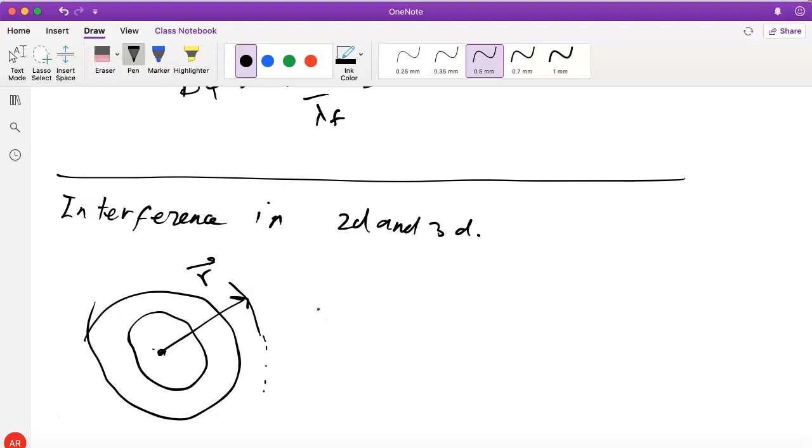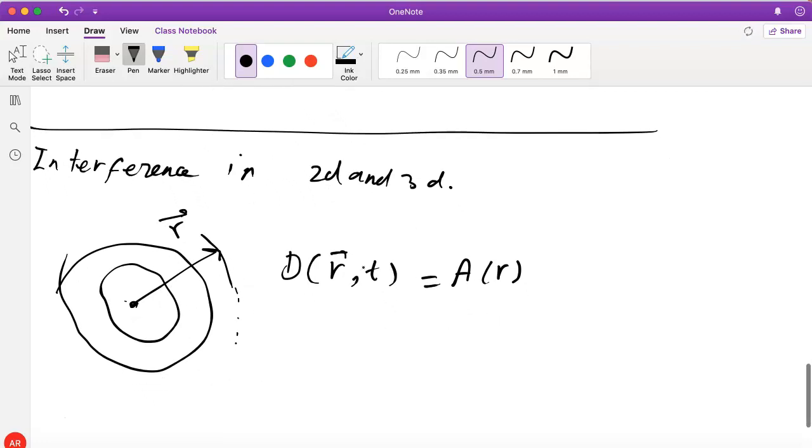So for example, I can write this wave as d of r and t to be a of r, an amplitude that now has to decay with the distance, and the oscillatory part has a structure like this: k times r, the length of this vector from the source to the point I'm interested in, minus omega t plus some phase constant.